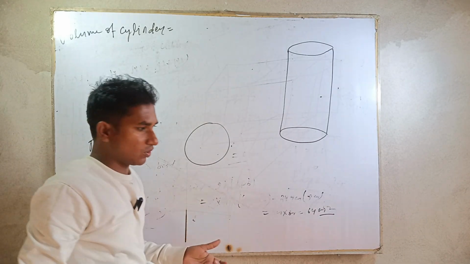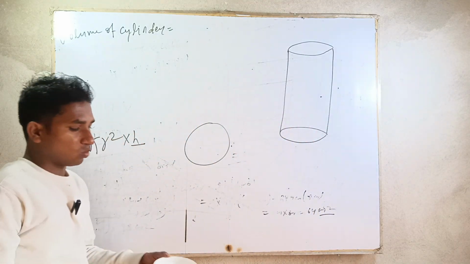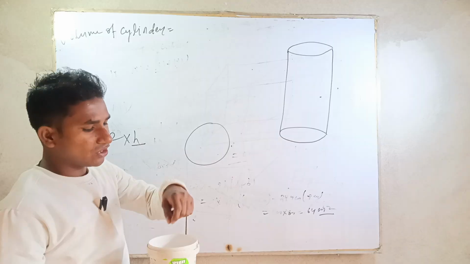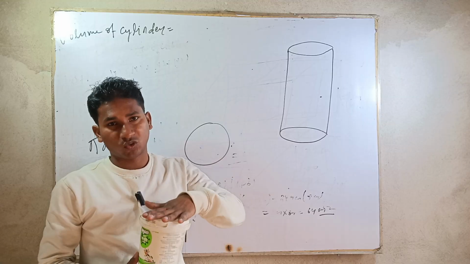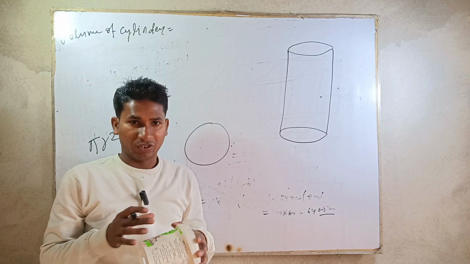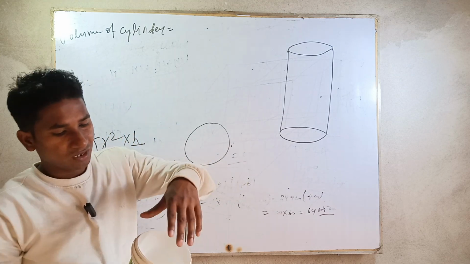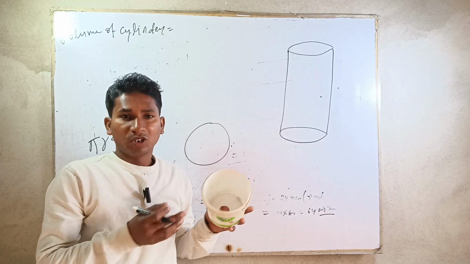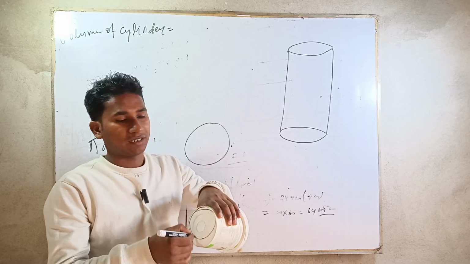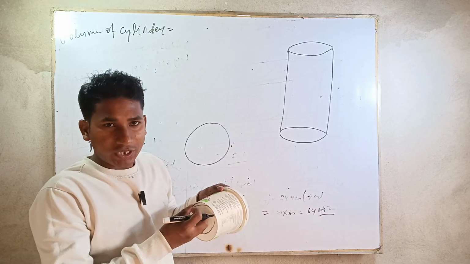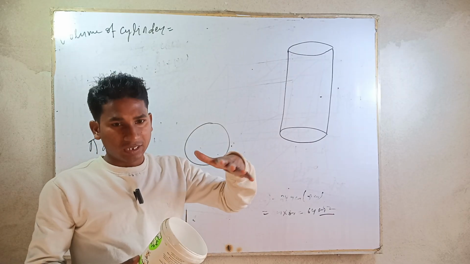So it's easy to understand, it's easy to know. Suppose I have this one, how much water can be stored in this bucket? If I cut this upper side, it will look like a circle, and both sides would have the same circles.